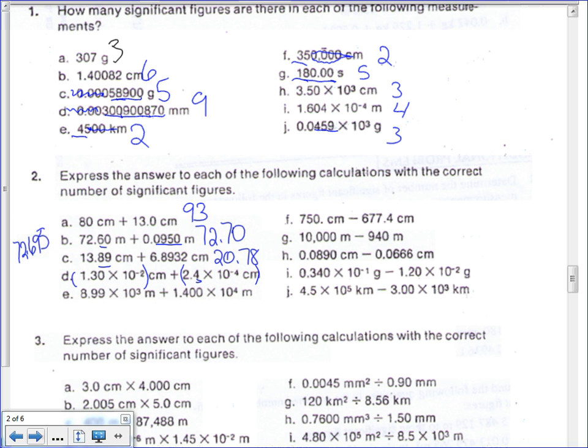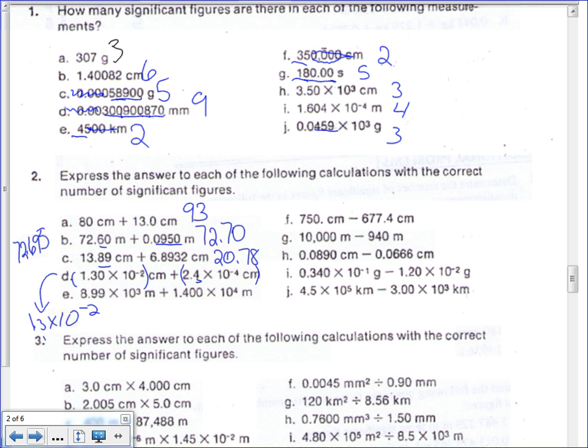It makes it a little bit easier. You get 1.324 times 10 to the negative 2. So to round that to 1 place past the decimal, we're going to have 1.3 times 10 to the negative 2. So that's D.